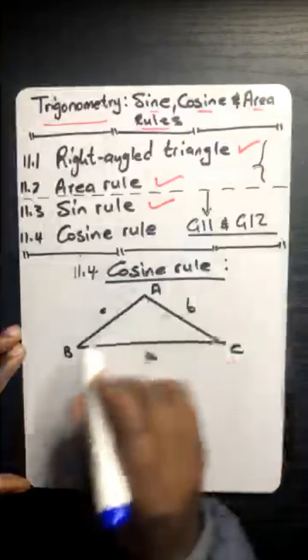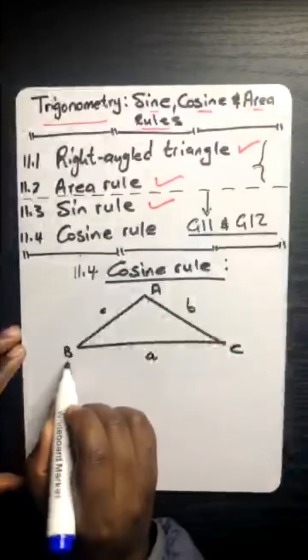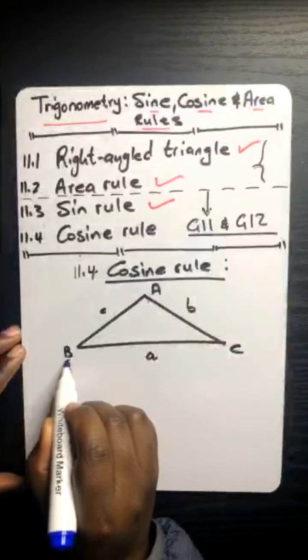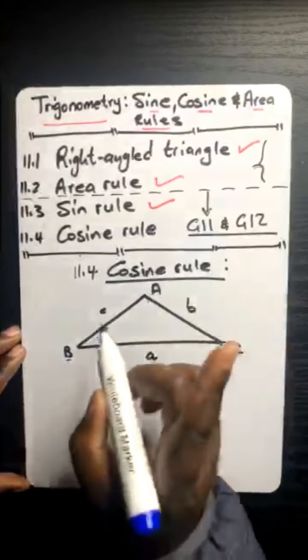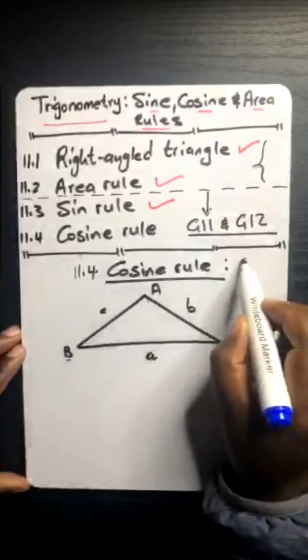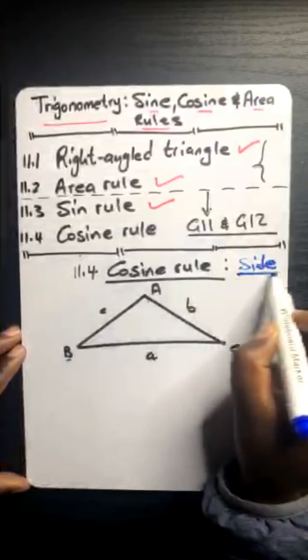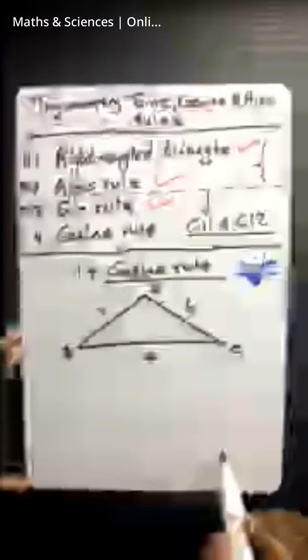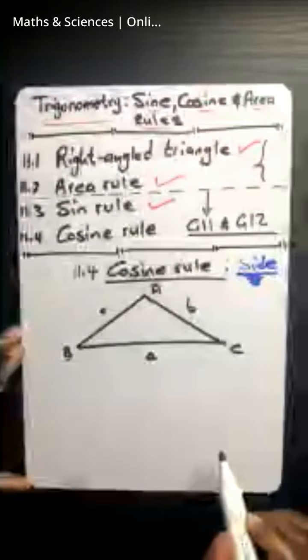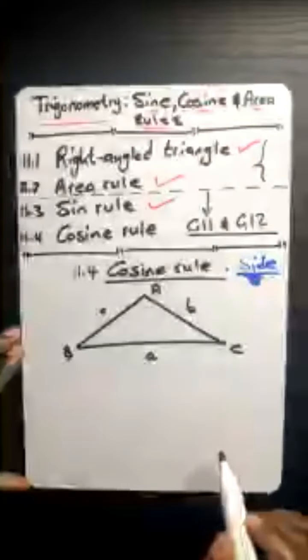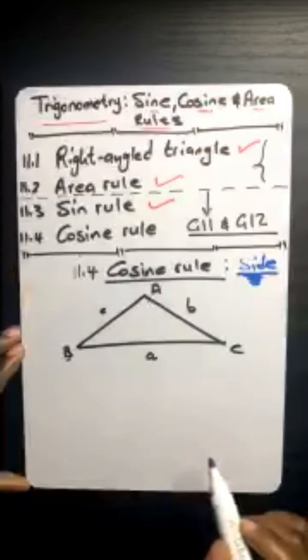Okay, let's see. So now, maybe let's do it for angle B. The cosine rule actually helps us to calculate the side. Which side would you like me to formulate using the cosine rule?